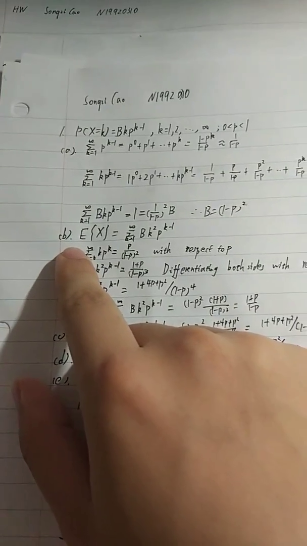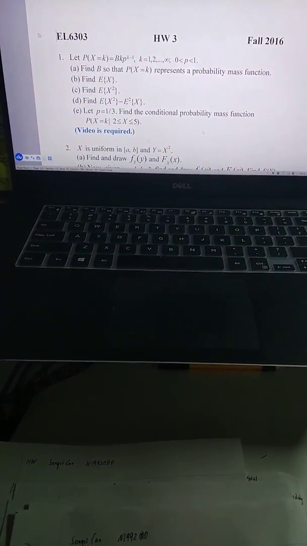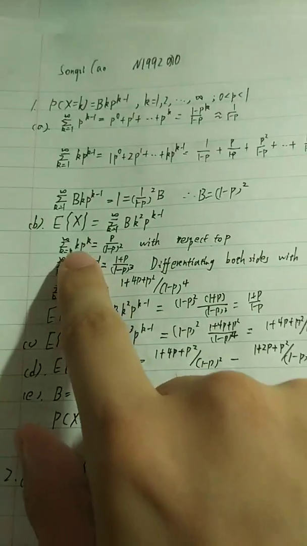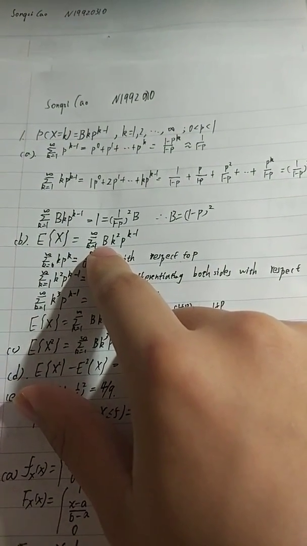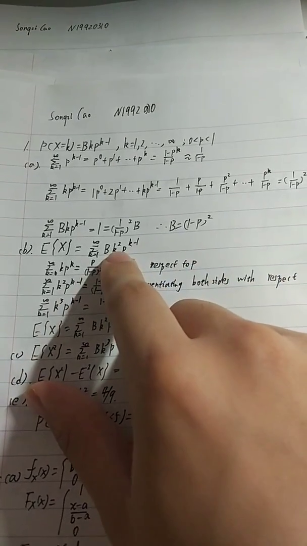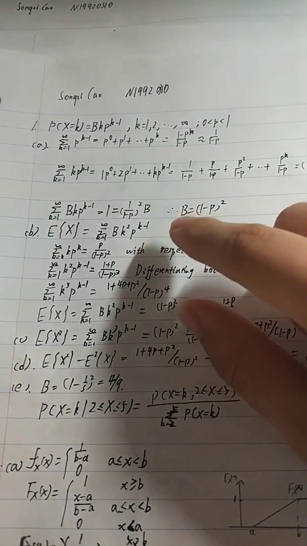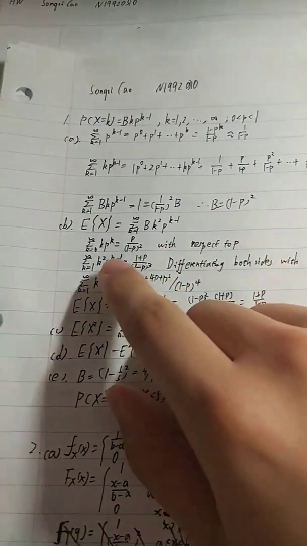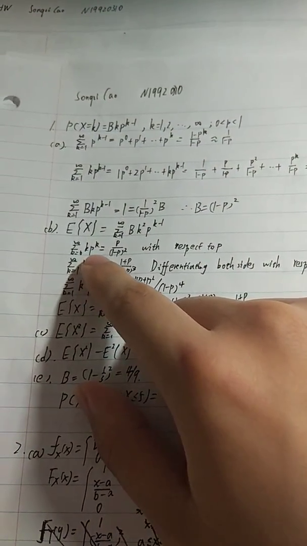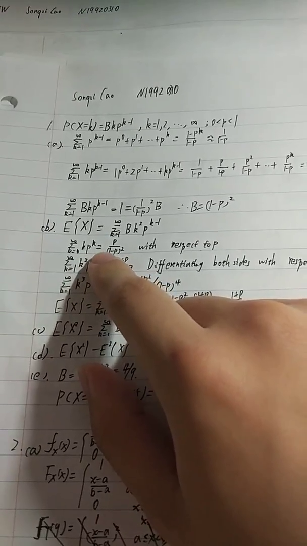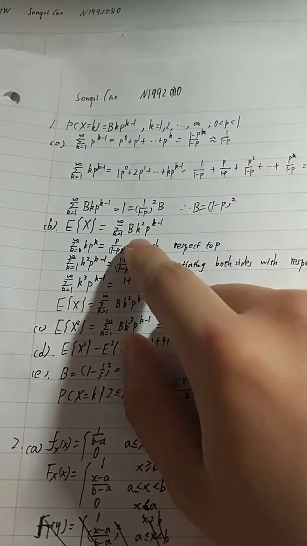And for the second part, we want to find E[X]. E[X] equals this equation. We just multiply by k in this sum sequence in every part, and then we can calculate that this equals 1 minus p^2 under the p.